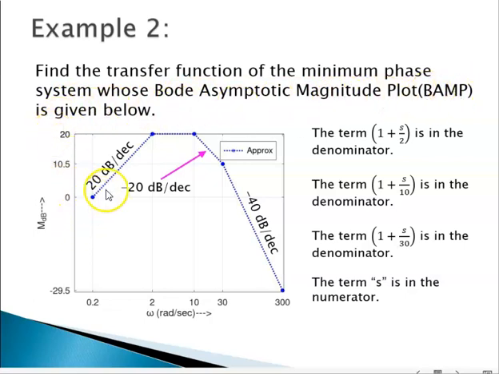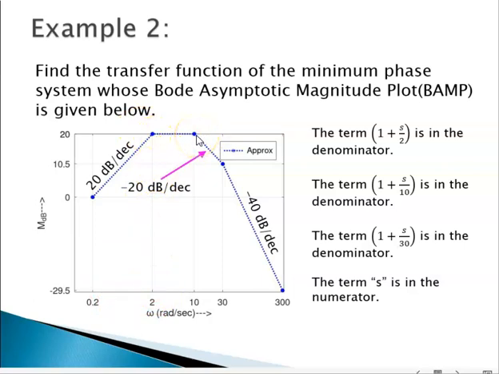The initial portion is at 20 dB per decade. So you have an s to the power of 1 term in the numerator. Here the slope decreased, so 1 plus s by 2 is in the denominator.